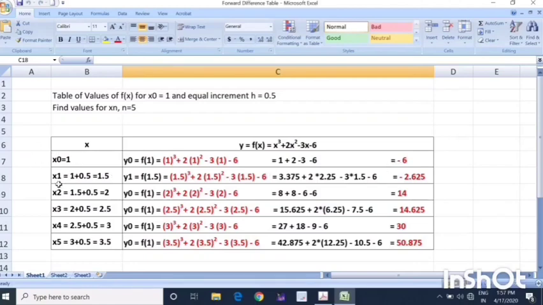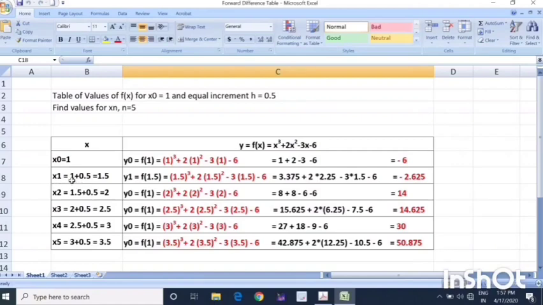Now the next value, x1, we have to find. It is not given to us. We have been given only x0 and h. So now we will find the next value. What is x0? 1. And what is the increment? That is 0.5. So what is x1? We have seen in the theory that x1 is always x0 plus h.